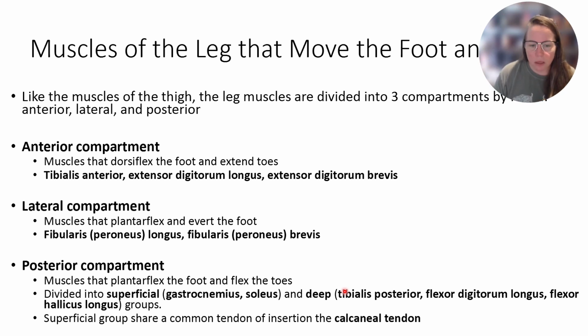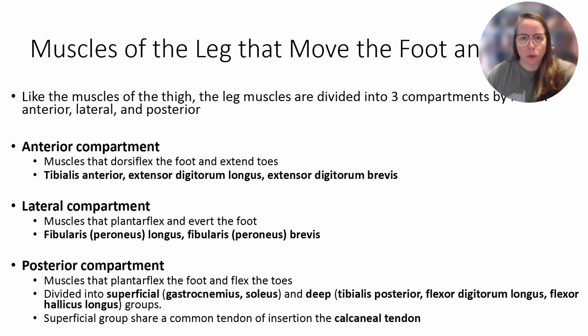Now, a lot of the muscles we have back here, we have a lot, they're also subdivided, superficial and deep. So the superficial muscles are the ones that we're more familiar with, your gastrocnemius, the big meaty component of your calf, and the soleus, which is like its sister muscle. You take those off and we see a lot of the deeper muscles, which are going to act more on the toes, and especially some of these are going to be important for maintaining your foot arches.